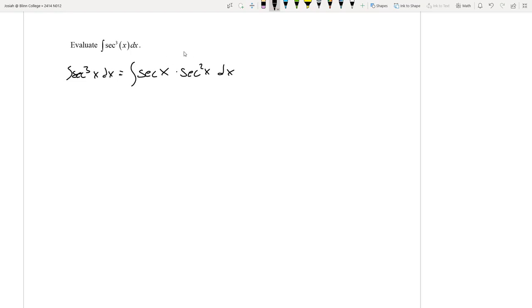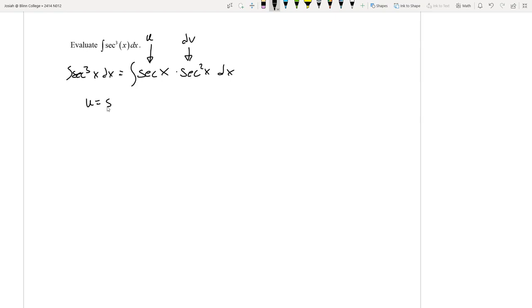And the idea here is we know lots about these two functions, right? For instance, we definitely know the integral of this guy. The integral of secant squared, that's going to be tangent. So this would be a good choice for dv. We should know also what the integral of secant is, but we're definitely more comfortable with the derivative. So we'll go ahead and look at it like that.